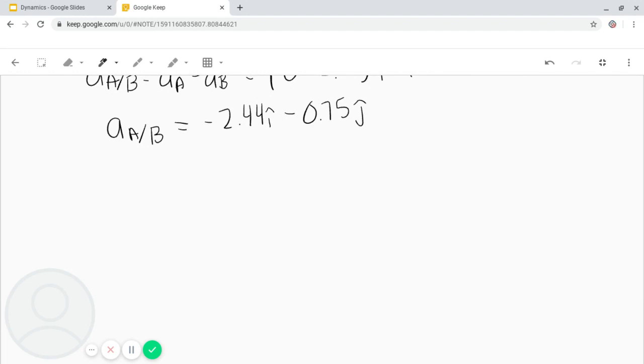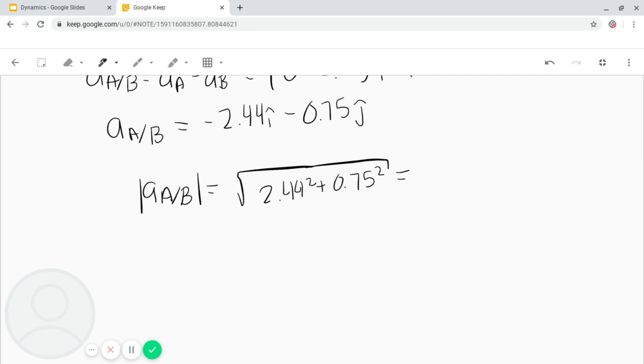And we can go ahead and further find the total acceleration and the angle there. The magnitude of acceleration would be 2.44 squared plus 0.75 squared, all square rooted, which would be 2.55 meters per second squared.